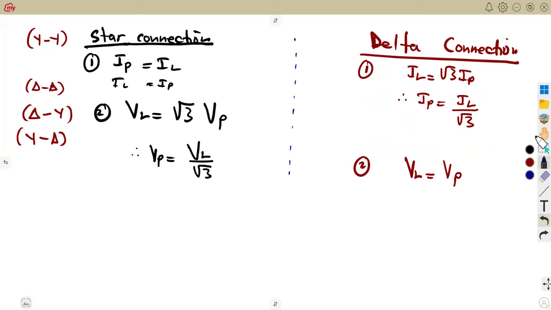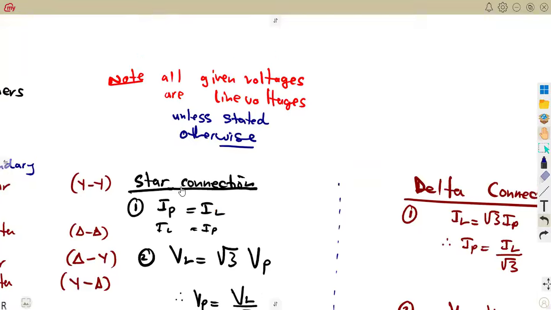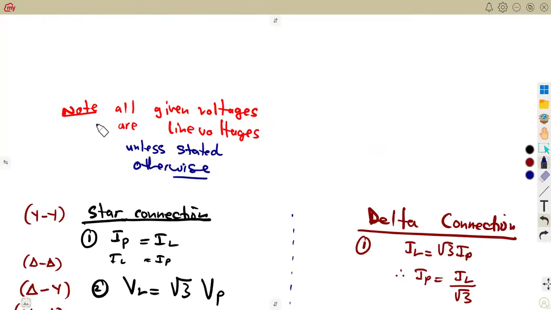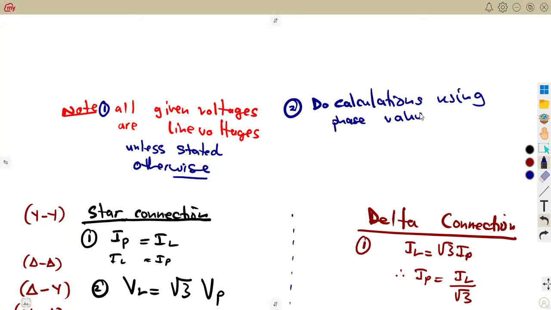Like I said before, values are given as line voltages or whatever you are given, but in calculations, you do calculations using phase values. What are we talking about there when you're talking about calculations to be made on a transformer?